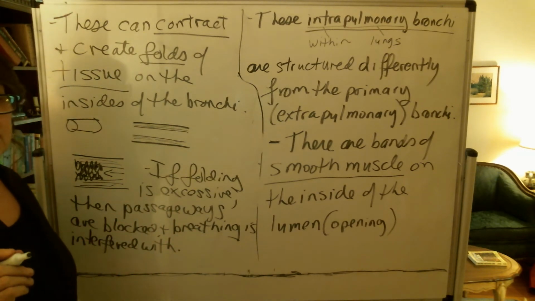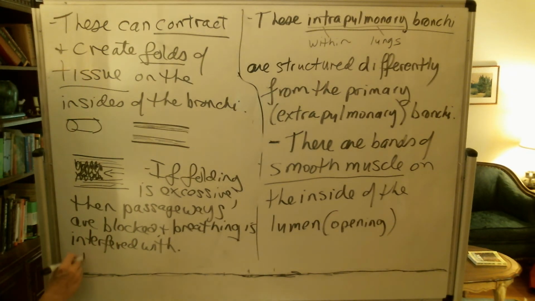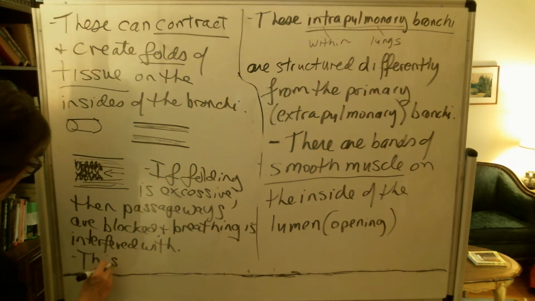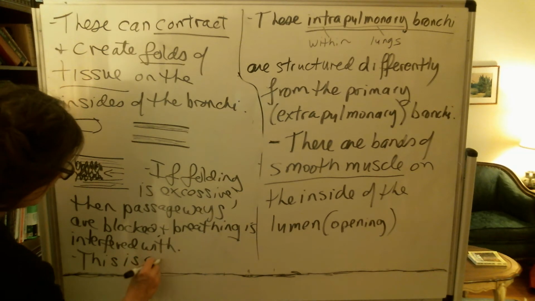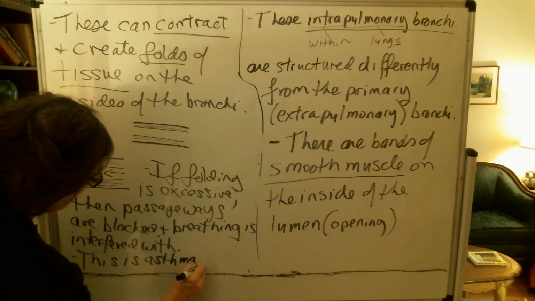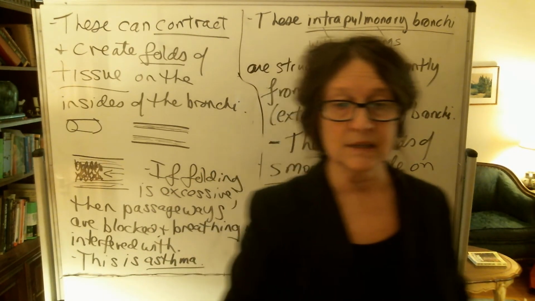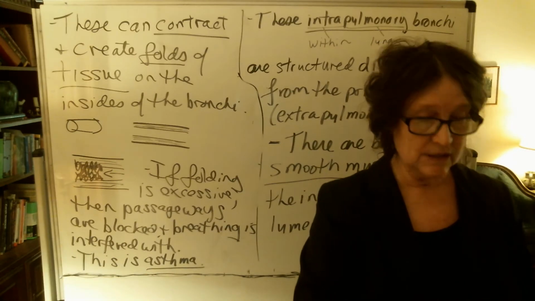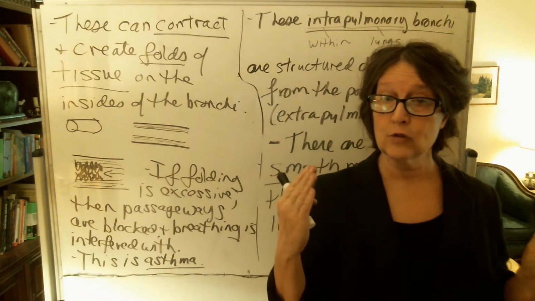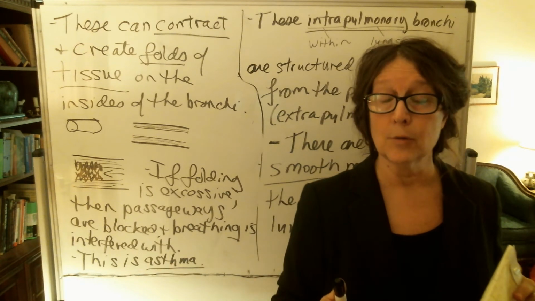And maybe this sounds familiar to some of you. This is asthma. So that's what asthma is. Asthma is just these smooth muscles contracting and bunching up the soft tissue inside some of the bronchi.